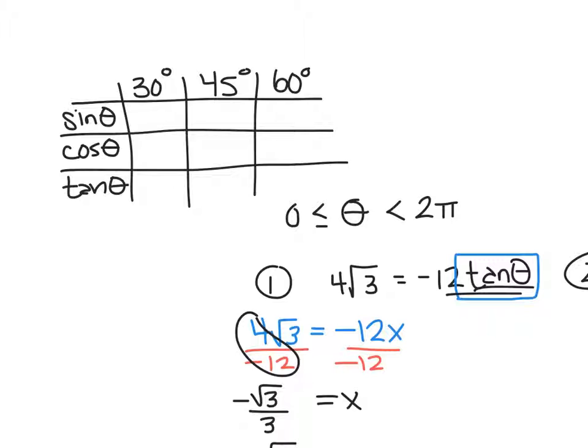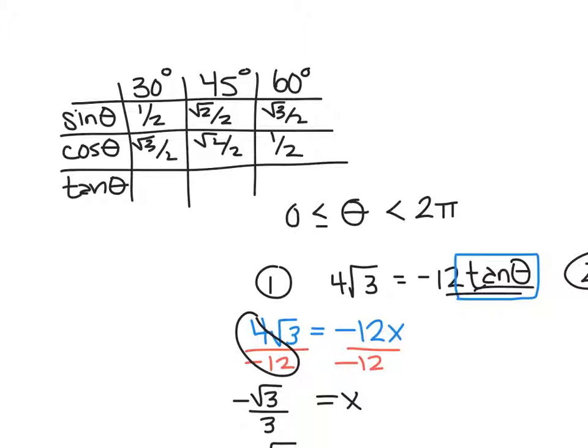So the sine of 30 degrees is 1/2. The sine of 45 degrees is root 2 over 2, and this is root 3 over 2. Cosine is going to be root 3 over 2, root 2 over 2, and 1/2. And the tangent is going to be sine divided by cosine.